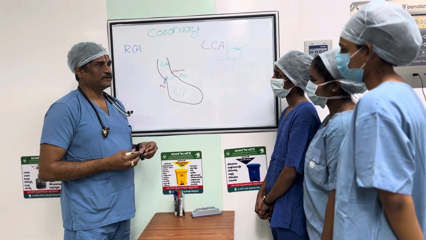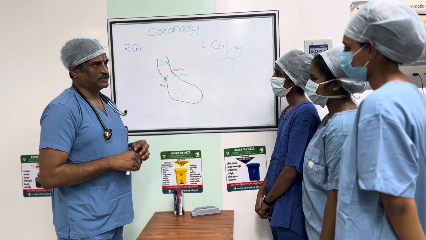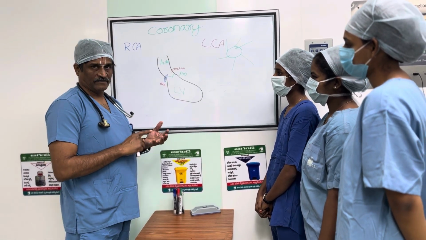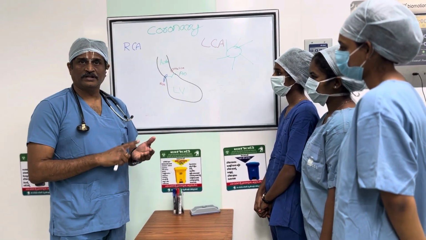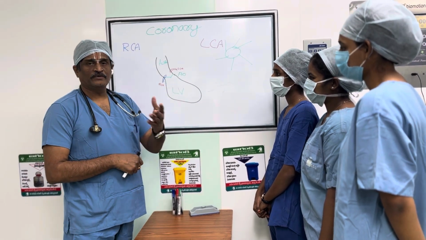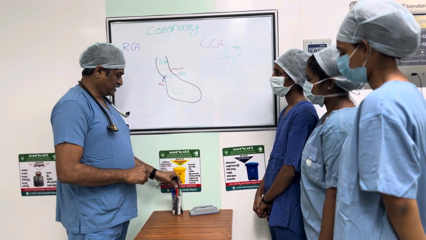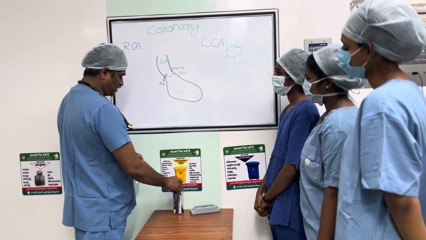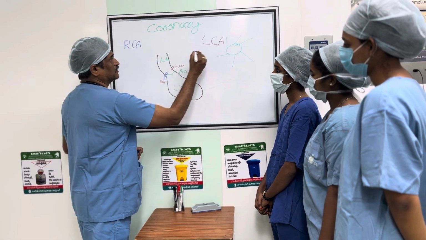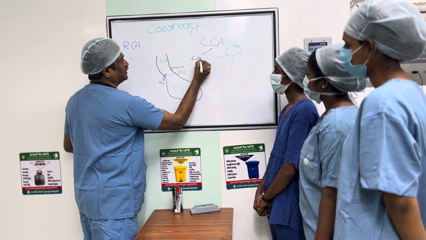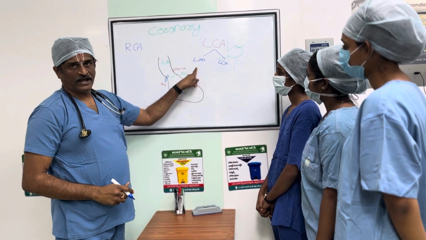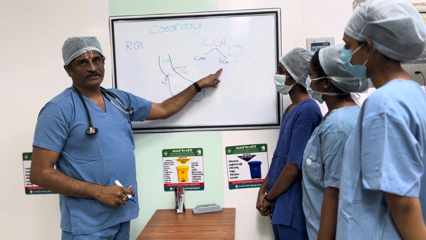But usually we see patients with heart disease having coronary artery disease. We call them single vessel disease, double vessel disease and triple vessel disease. But there are only two vessels. Why is it called triple vessel disease? The reason is the left coronary artery actually divides into two important vessels. One is LAD, another is LCX: left anterior descending artery and left circumflex artery.